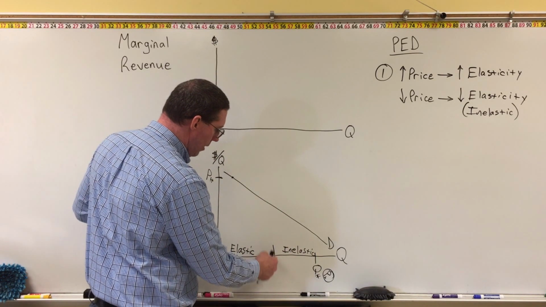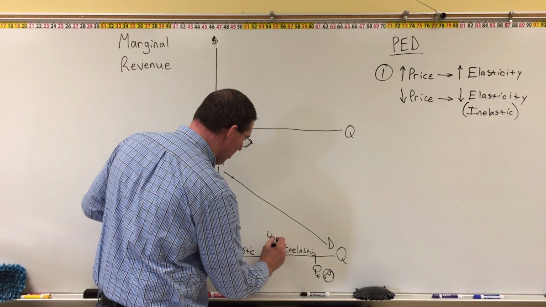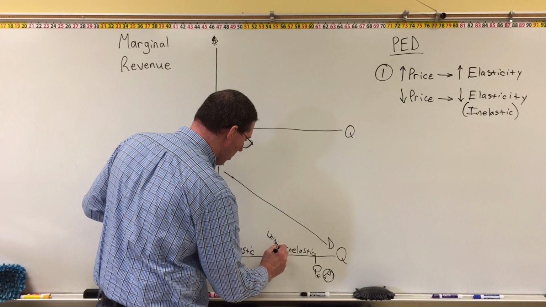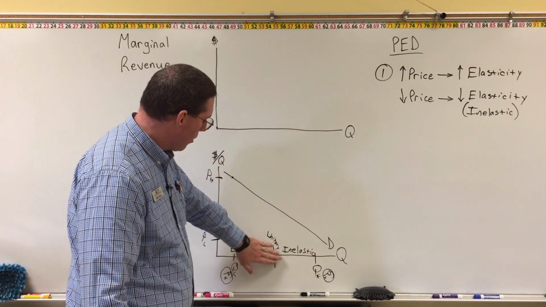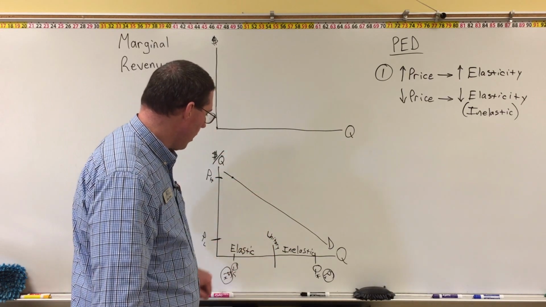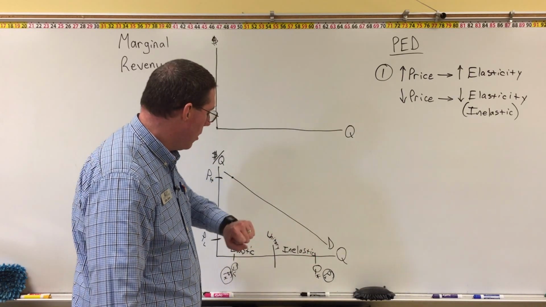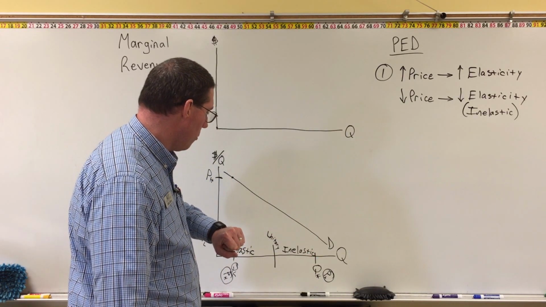And this line right here is going to represent unitary elasticity. So here, this line right here is where elasticity equals 1, and this is where elasticity is greater than 1, and here's where elasticity is smaller than 1.